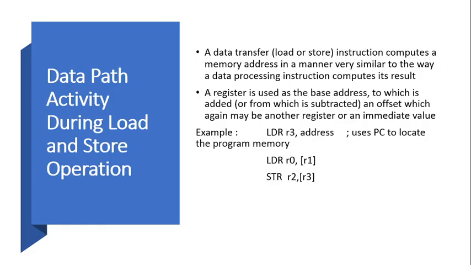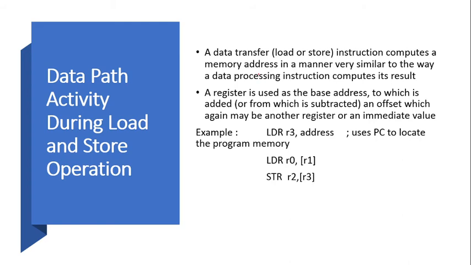Another thing is data activity during the load and store instruction. I've already discussed this, but now how the activity is involved at the architecture level. If you look at this example, the data transfer instruction computes a memory address in a very similar way to a data processing instruction.